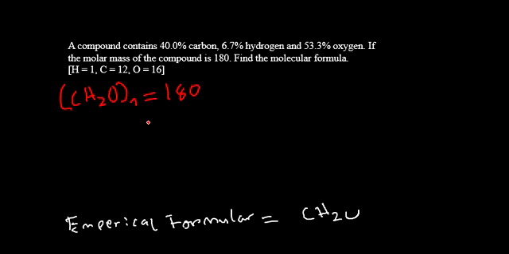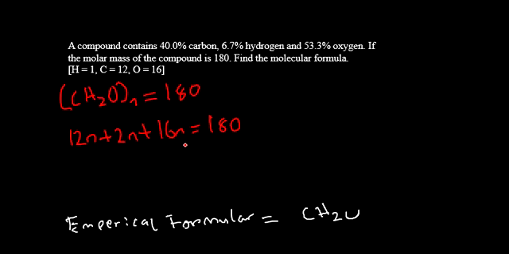You multiply N by the molar mass of each atom. So with this we have 12N plus 2 times 1, 2N. We are multiplying this 2 times this 1 times this N, plus 16N is equal to 1 AT.